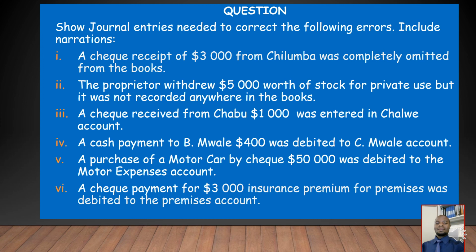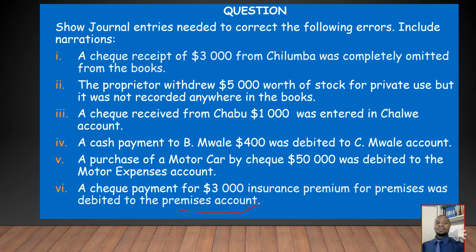The next and the last question is: a check payment for $3,000 insurance premium for premises was debited to the premises account. So here we can see that there is an expense that was incurred, insurance premium specifically for premises. This is an expense, but it was entered in an asset account, the premises account.